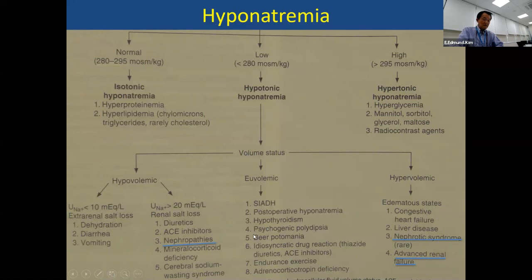You can see so many conditions producing hyponatremia, so you have to go through all the differential diagnosis. Too much drinking, and hypothyroidism also makes hyponatremia. But also congestive heart failure, liver disease, certain kidney disease, dehydration, diarrhea, the hypovolemic things.